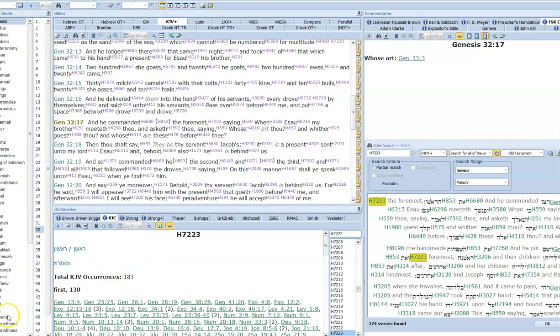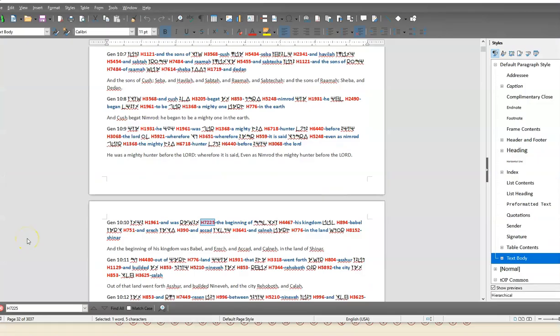And there's a difference. The first occurrence we get of Reshit, besides in Genesis 1:1, is Genesis 10:10. And it's supposedly describing a city's location, something like that, of this Nimrod.